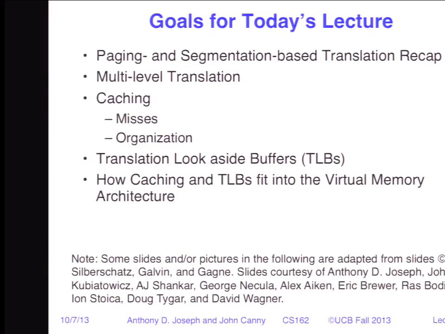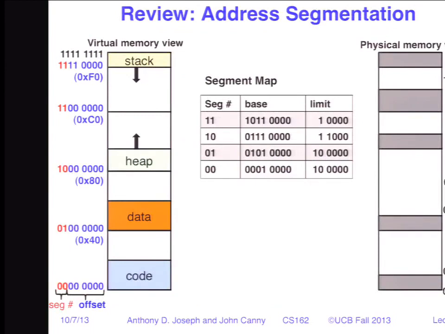Then we'll go through multi-level translation and look at caching, what it is, sources of misses, and how we can organize our caches 3 different ways. Then I'm going to talk about translation look-aside buffers as a way of speeding up the translation process using caching. And then we're going to look at how we can combine memory caches with translation look-aside buffers into a virtual memory hierarchy.